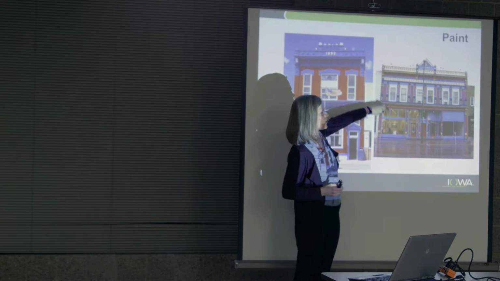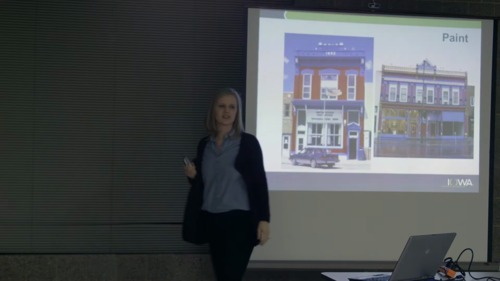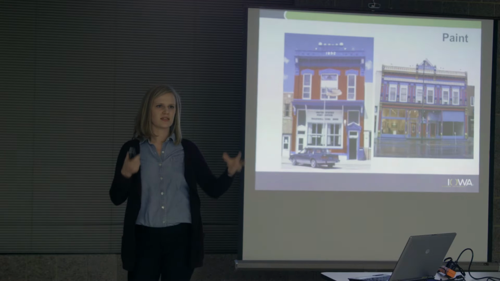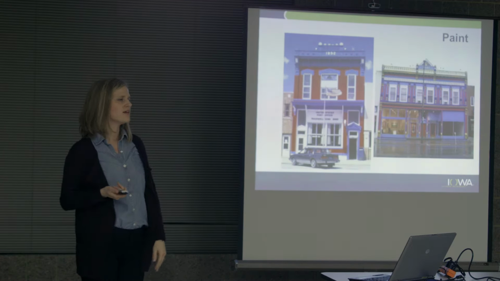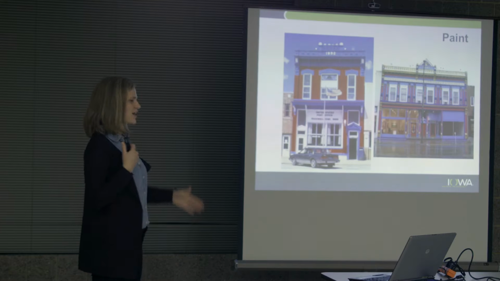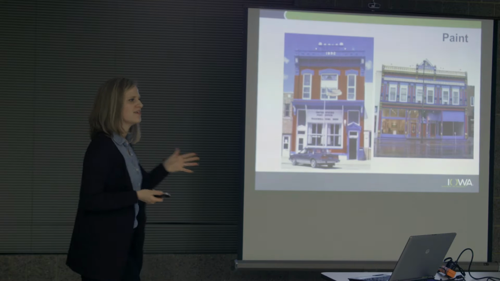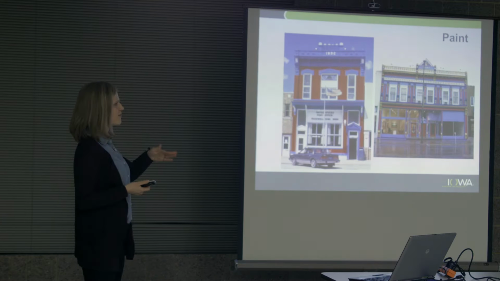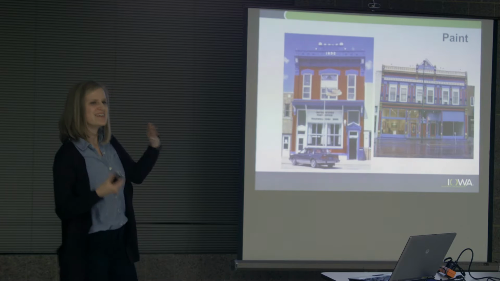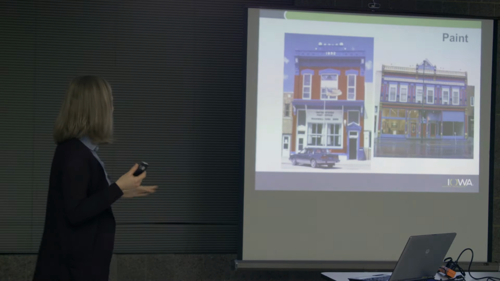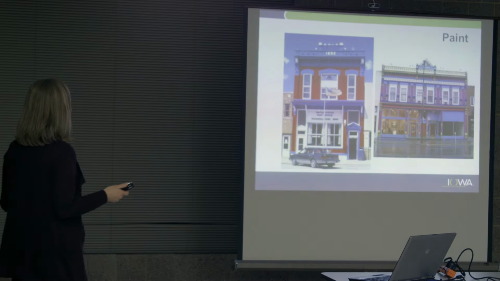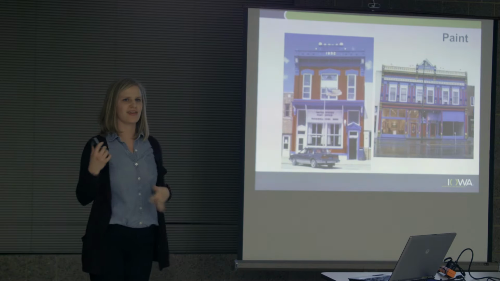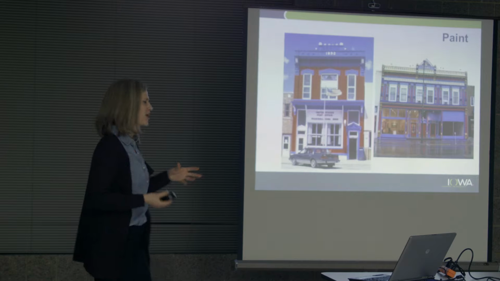This has a decorative metal facade that has a lot of elements to it. So you can really use paint to call attention to that and bring the eye up to some of these details in the building. But you have to be careful about the paint you're selecting. These ones are a little more vibrant than what we would typically recommend. So just use some caution when you're picking hues and tones for paint.